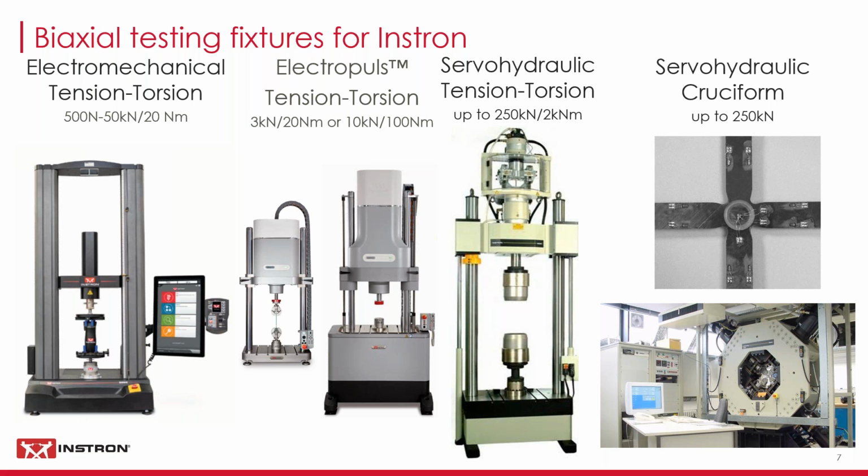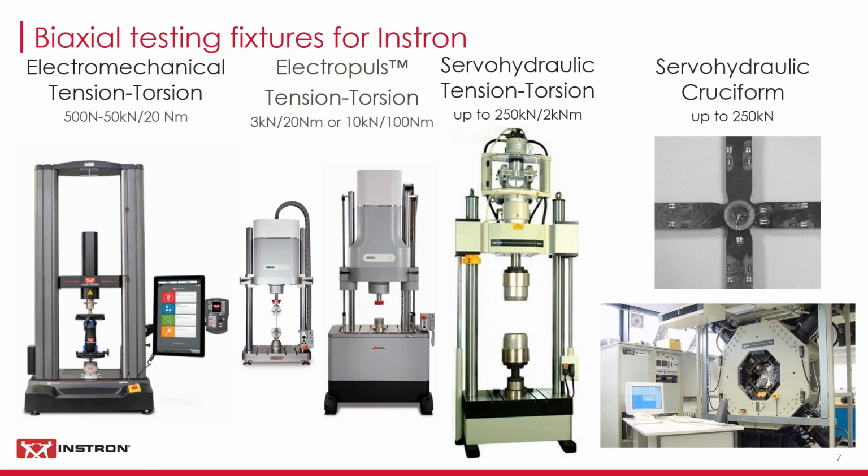Then going up through larger servo-hydraulic equipment, 250 kilonewton axial force, 2 kilonewton meters torque, largish machines. And then finally, going away from tension-torsion and looking at cruciform biaxial machines. There you see a typical cruciform specimen.